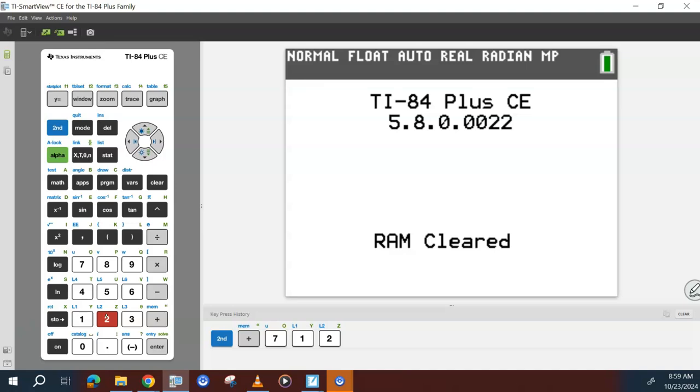And if at any point you get lost, all of the steps are in your notes. So we reset the calculator first, second plus 712, and then we're going to put this stuff into stat.